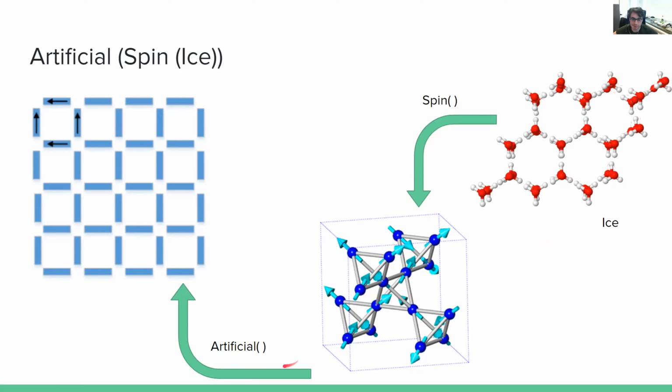Then finally, we can move much further into the future to artificial spin ice over here. Now we've got away from this bulk material and we're into discrete nanomagnet elements. These nanomagnets are shaped such that magnetization can only lie along the long axis, so this magnet, for instance, could either point upwards or downwards.